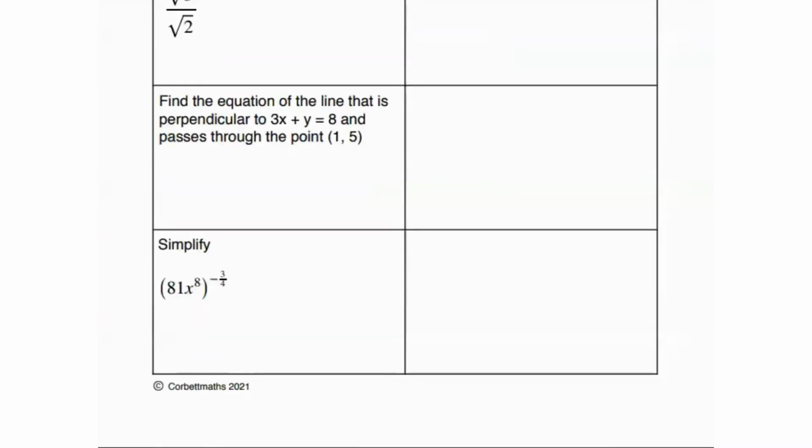Find the equation of the line that is perpendicular to 3x + y = 8 and passes through the point (1, 5). First we'll convert the line into slope-intercept form, which is y = mx + c. So 3x + y = 8 becomes y = −3x + 8.